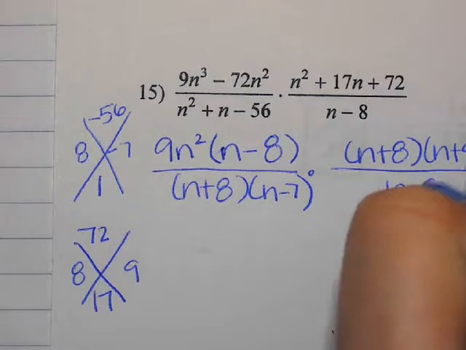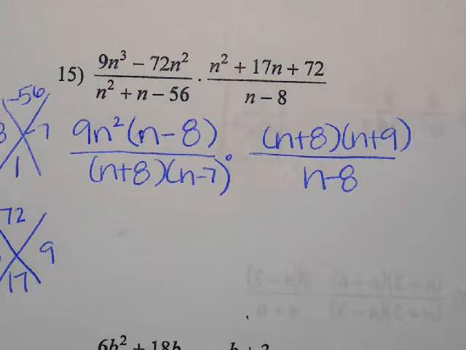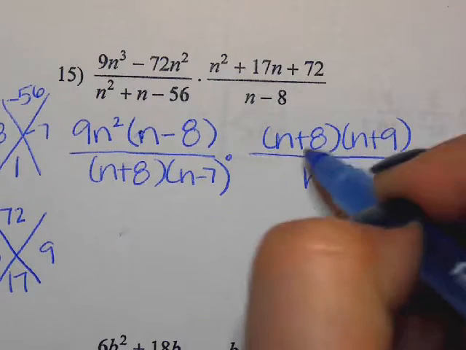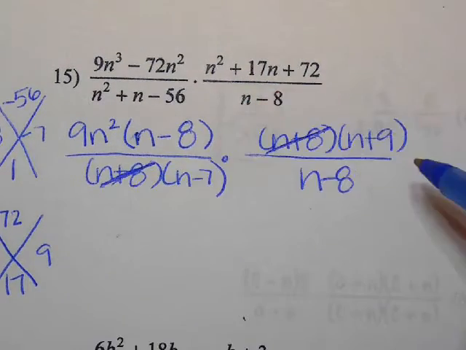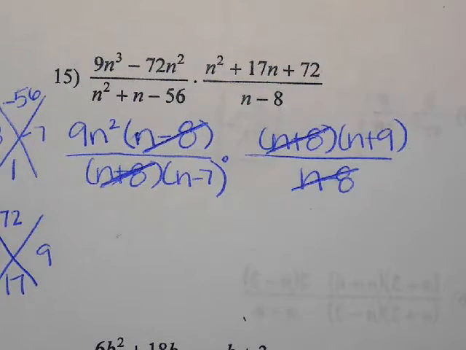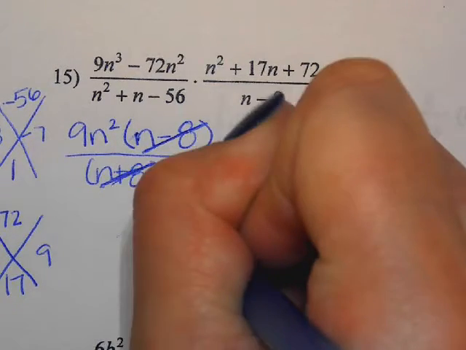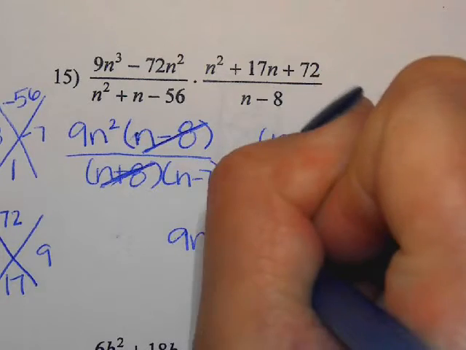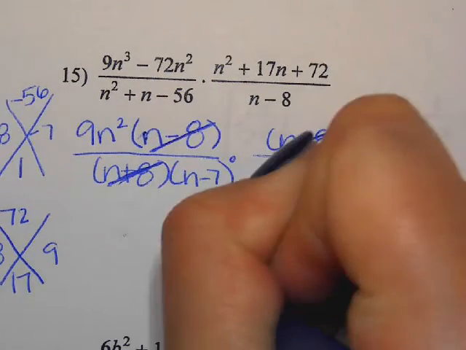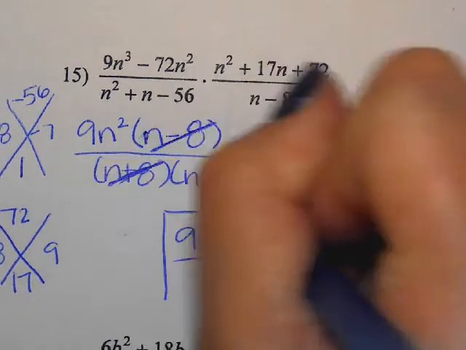And then the bottom doesn't have to be factored at all, it's just there. All right, so what do we see? N plus 8, n minus 8. Anything else? Nope. So we have 9n squared, n plus 9, over n minus 7.